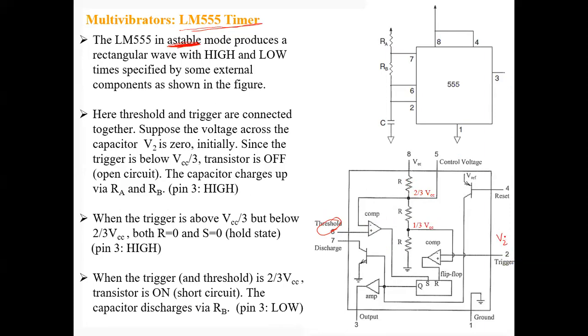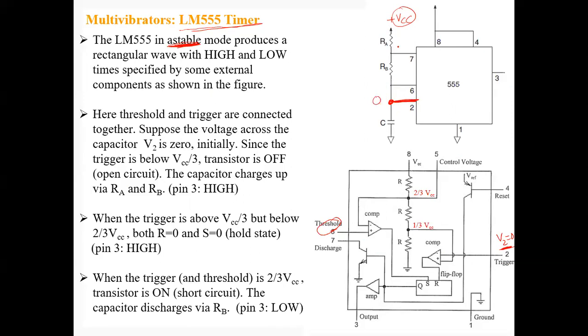When B2 is 0, initially there is no voltage, right? So we start with 0. What I'm saying is I'm going to supply VCC here. Initially, VCC is 0, meaning this is at 0 volt. This 2 is at 0 volt.